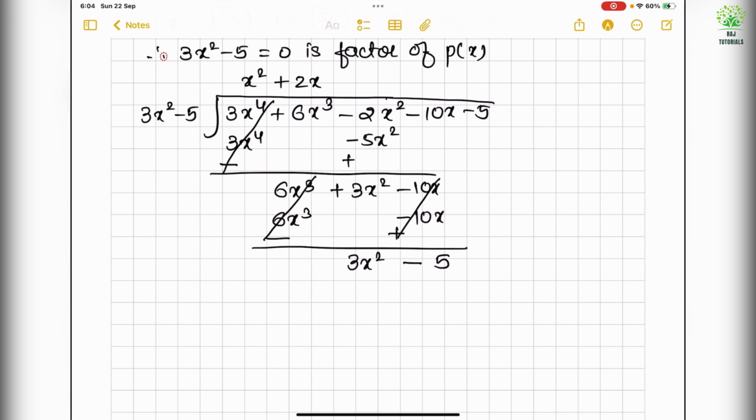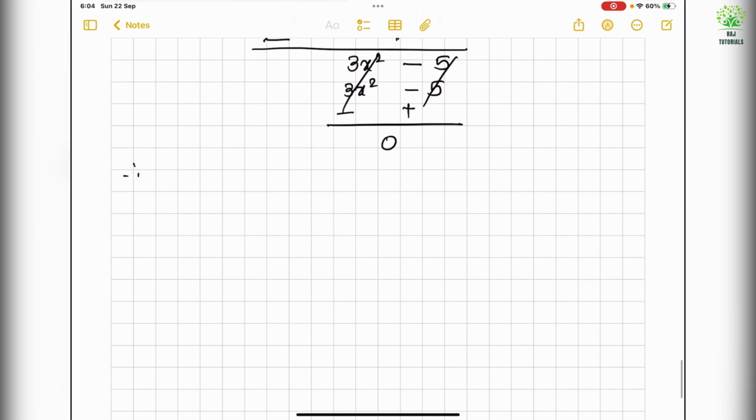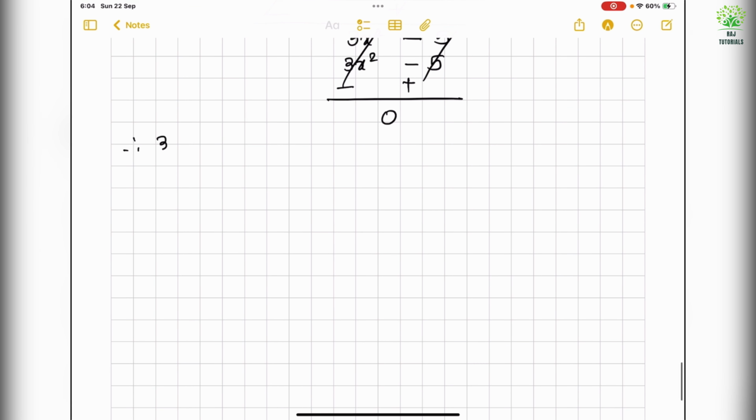Again changing the signs. 6x cube is gone, 10x is gone. So I will be left with 3x square minus 5. Now multiplying with 1 I will have 3x square minus 5. Changing the signs I got the remainder 0.